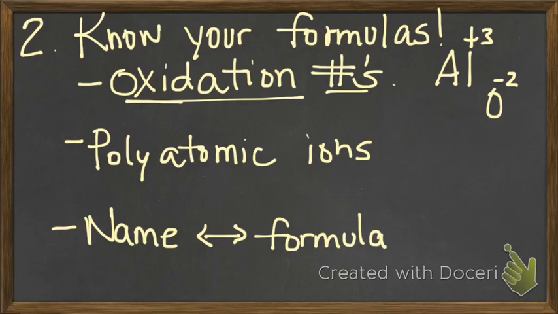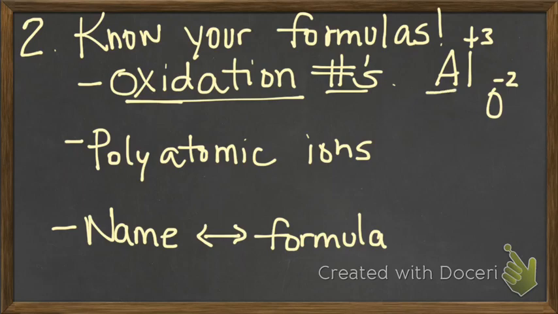Remember that the column is going to tell you the oxidation number, but it goes in order from +1, then +2, then you skip the transition metals, +3, +4, -3, -2, -1. And of course, the noble gases are 0.